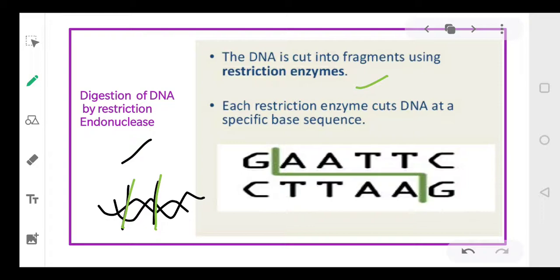Just look at the picture, I have shown a sequence, like this is your double helical structure. This green portion is being cut by the restriction enzyme. DNA is a very, very big molecule, so it will be converted into small segments by the restriction enzyme.